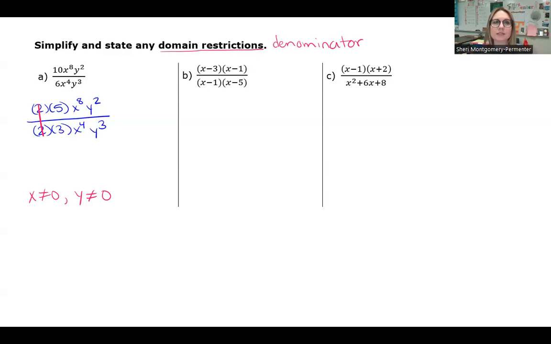When I look at the x's, I have 8 and 4. 8 is bigger, so it's like a magnet. It's going to pull this one up and you subtract, so this will go up there and I subtract 4. When I look at these exponents, 3 is bigger than 2, so this one will cancel and come down here and I will subtract 2.